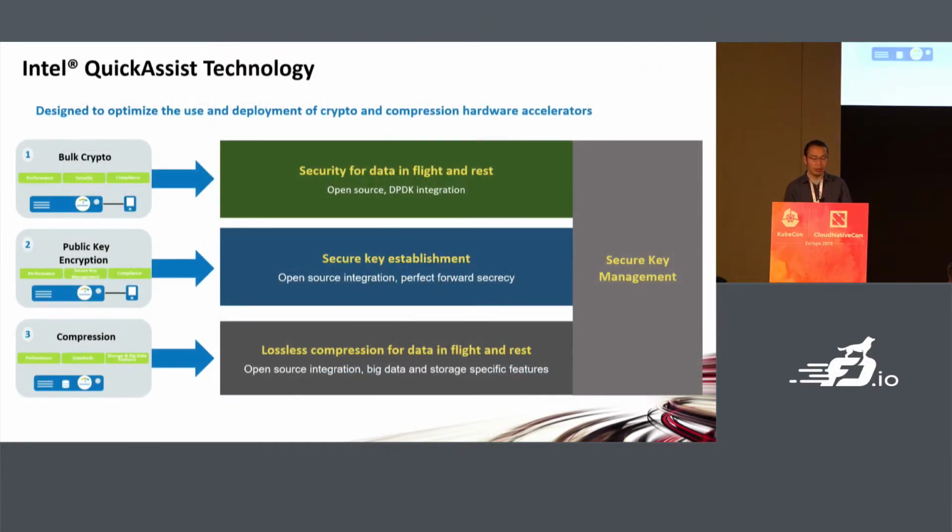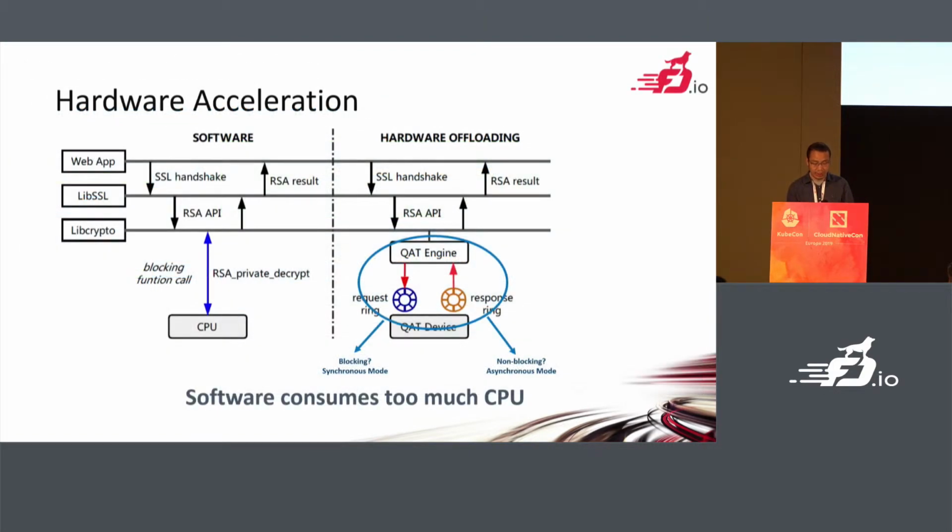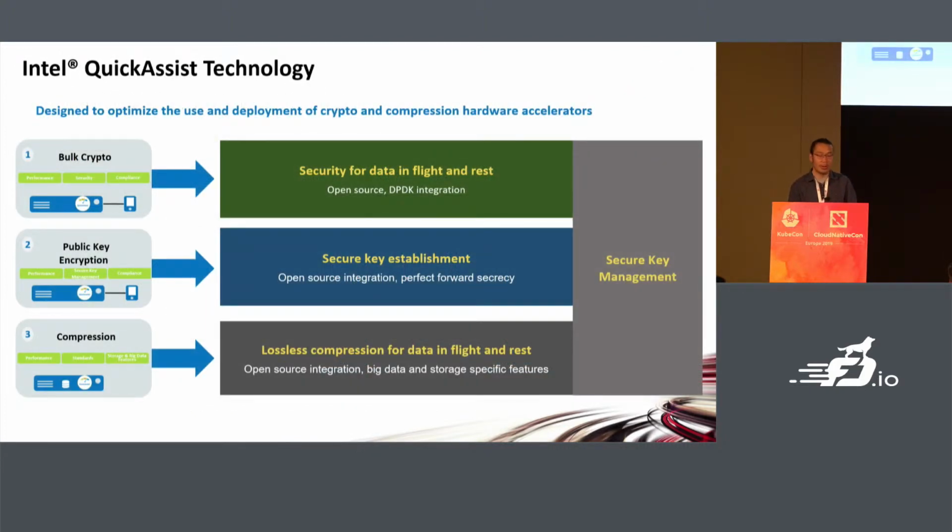If we want to use hardware, Intel provides QuickAssist Technology. Actually, I heard about QAT from the previous two presentations already, from Hongjin and from Jill. They also mentioned that QAT can provide bulk crypto offload.